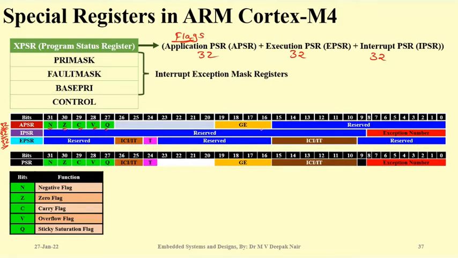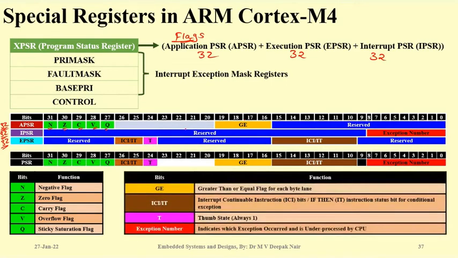Apart from that, there is one more field, GE, which is actually 1 or 0 depending on the comparison, the greater than or equal to flag. When you are doing a comparison between 2 variables, it will tell you about the GE.